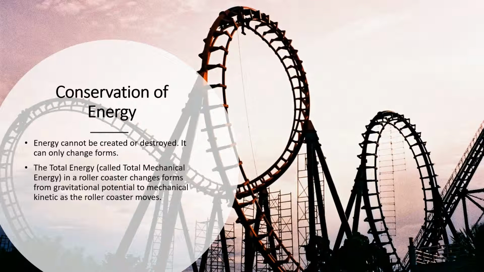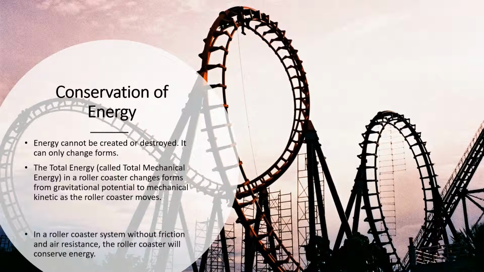But as you go through the rest of the ride, the amount of potential and kinetic keeps shifting. It's an exchange between potential and kinetic over and over and over again. And that number always stays the same as the total energy. Okay? The total energy of the system never changes.